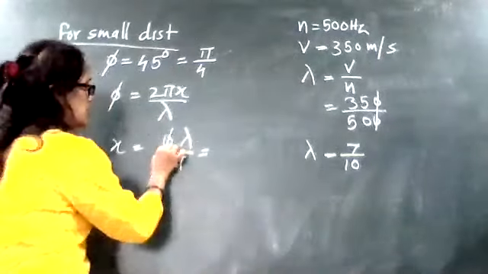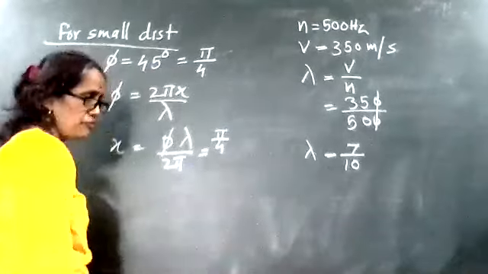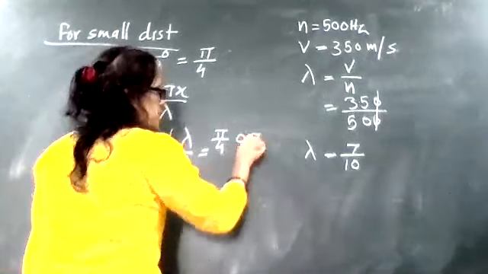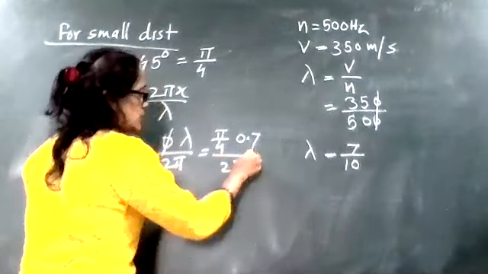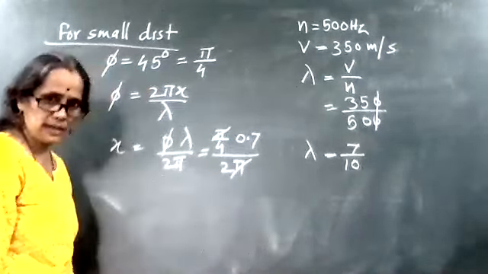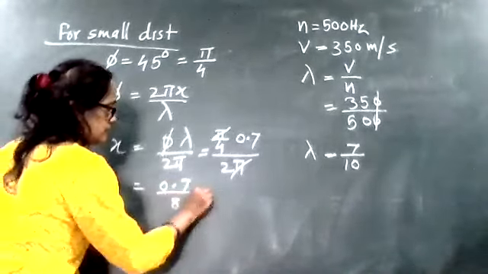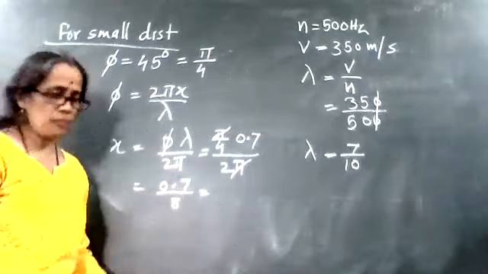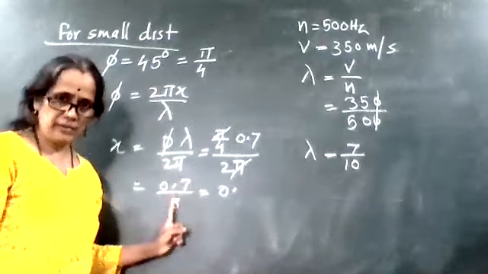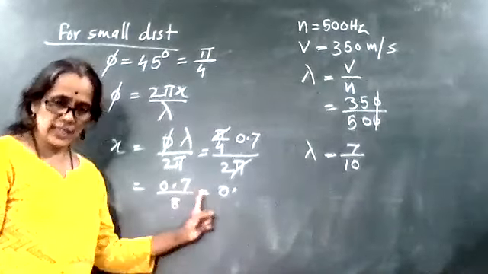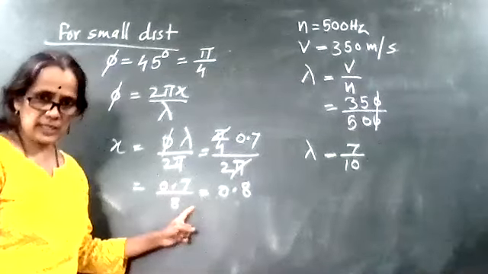So that value I can substitute here. So x is pi by 4 into lambda, here 7 by 10 means 0.7, divided by 2 pi. So this pi factor will get cancelled. What is remaining here? 0.7 upon 8. Now we can solve 0.7 divided by 8. 8 8s are 64, so it becomes 60.